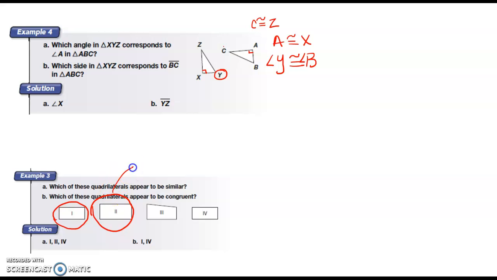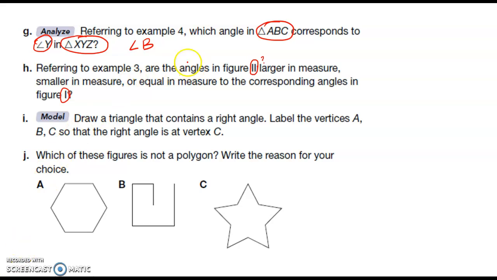They are similar. The angles are the same. The sides are different. Can you see that? This is a smaller rectangle, this is a bigger rectangle. The angles are the same. So the answer is equal in measure.